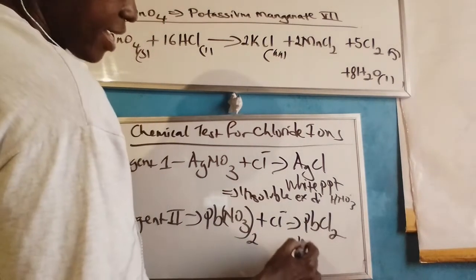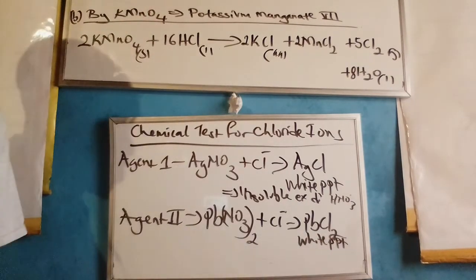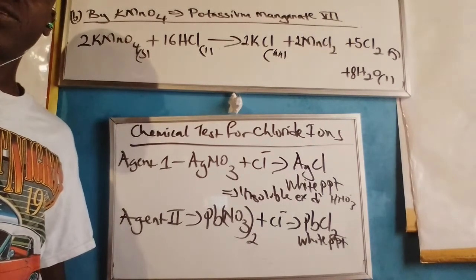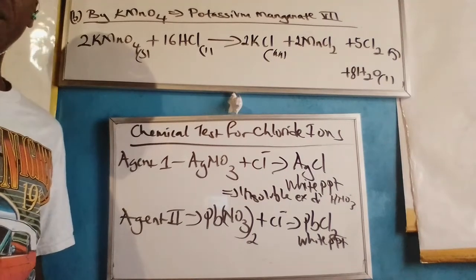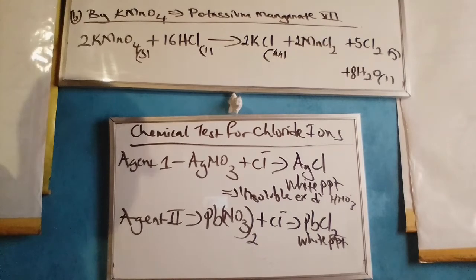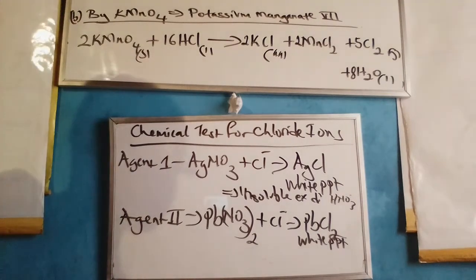In this case, we again form a white precipitate. This white precipitate is not readily soluble in excess dilute nitric acid, nor in excess dilute hydrochloric acid. However, with gradual heating, we find that it will dissolve in excess dilute hydrochloric acid or excess dilute nitric acid.